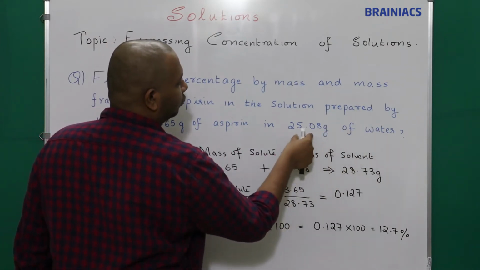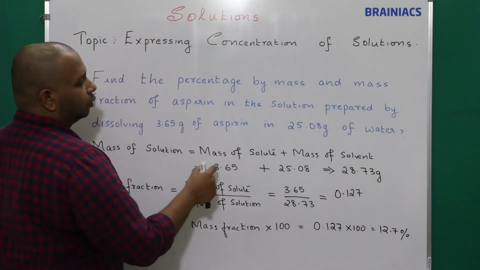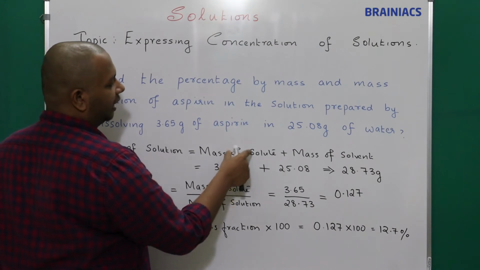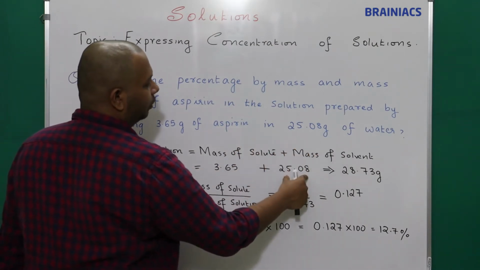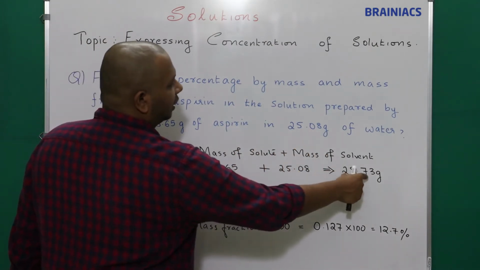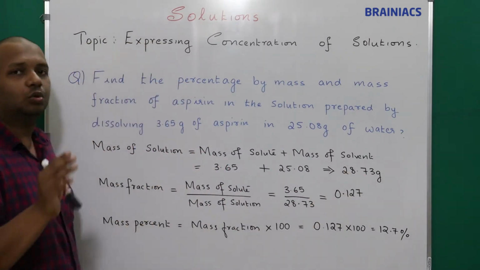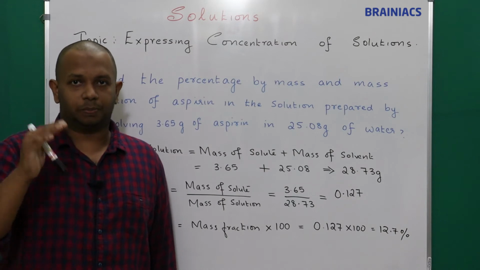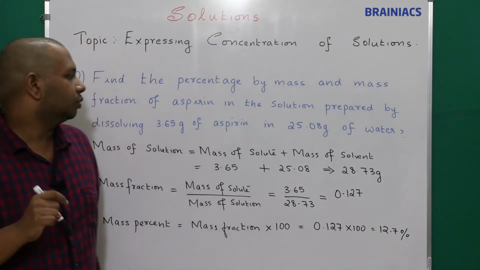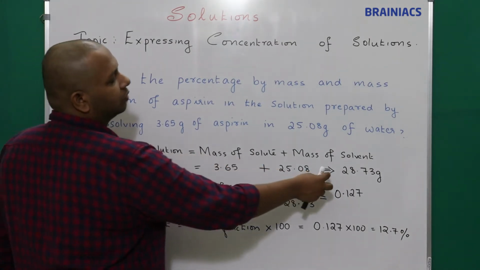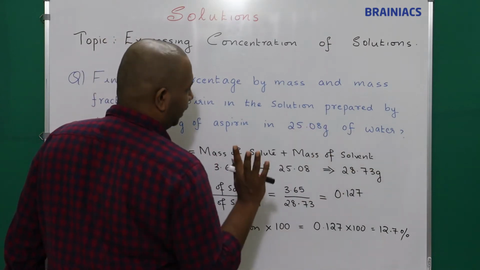Water, and its mass is 25.08 gram. On mixing 3.65 gram of solute with 25.08 gram of water, you are getting the mass of the solution. Please remember this always: solution is nothing but a mixture of solute plus solvent. So now the mass of the solution is 28.73 gram.